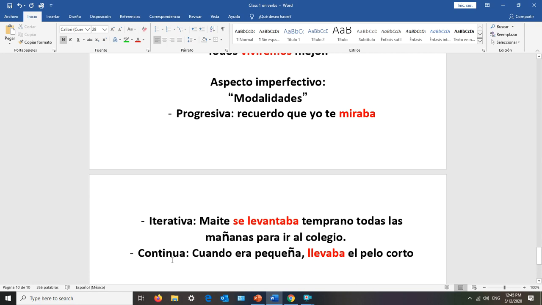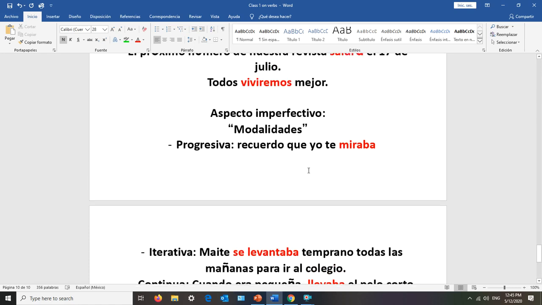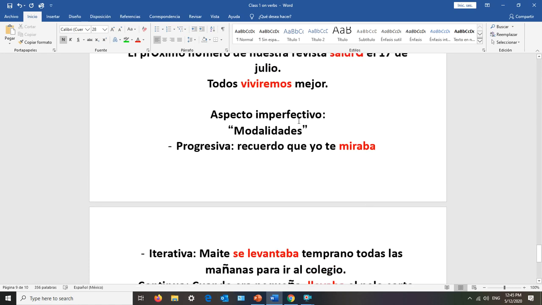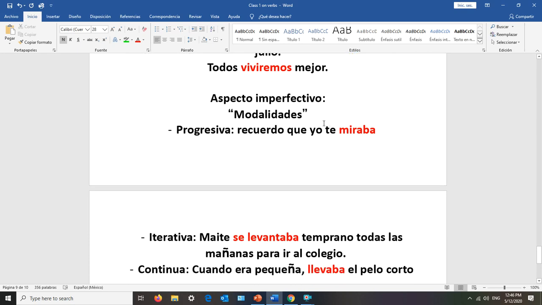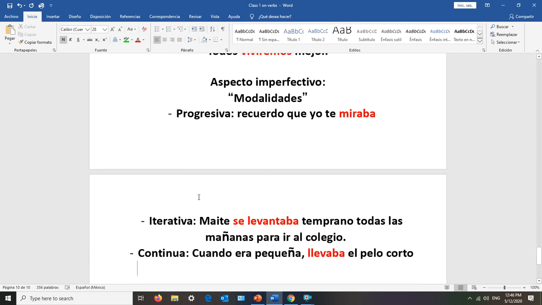So it focuses on a situation that holds itself throughout a period of time. So, remembering then that when speaking about aspecto imperfectivo in Spanish, we need to specify which of its three modalities is at stake. Right? Now, remembering that when one of these modalities is at stake, the other two will be cancelled out.